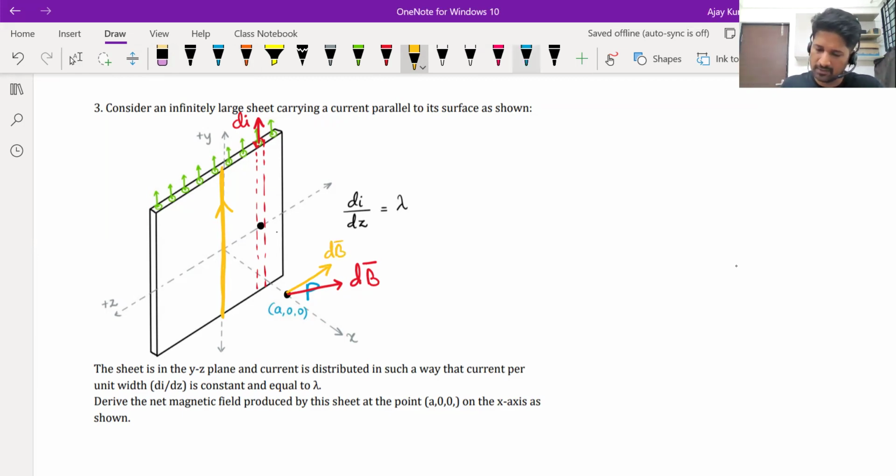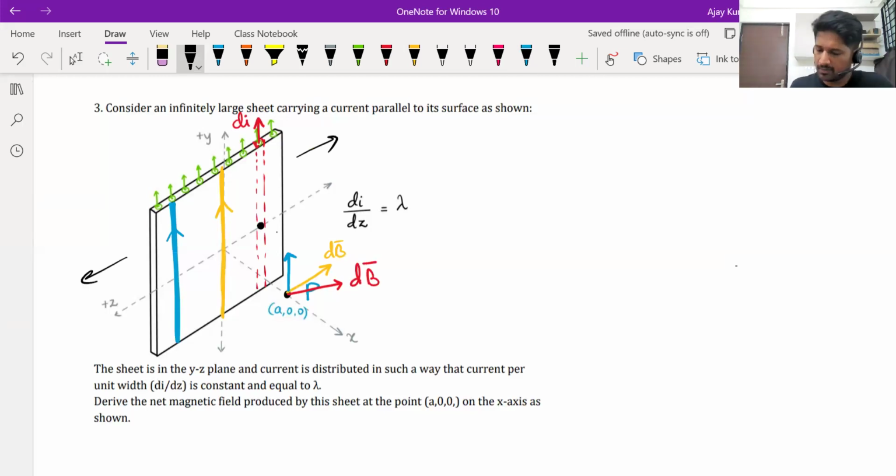Let's consider some more elements, maybe on this side. Thumb along this blue current and fingers towards the point P, the magnetic field will be this way. Hope you all are able to visualize that. If you have any doubt, you can ask. So there'll be a bunch of magnetic field vectors. And see, this sheet extends up to infinity like this also.